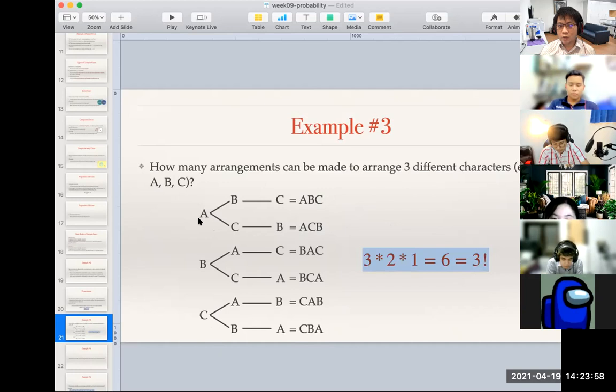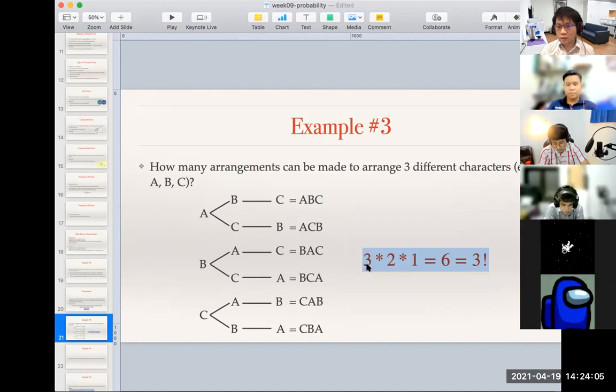You can pick any of the 3 characters, so you have 3 here. What about the second character? Let's say you already picked A, then for the second character you can only have either B or C. So you have 2. And then the last character will be the last one. You have 1. So multiply all of them, you get 6 possible combinations, 6 possible arrangements.